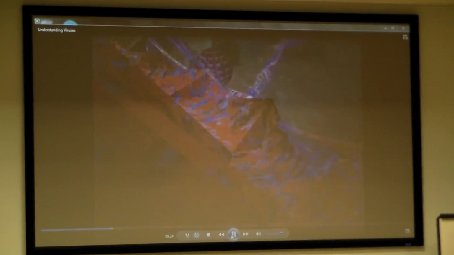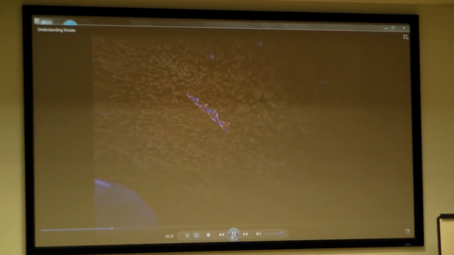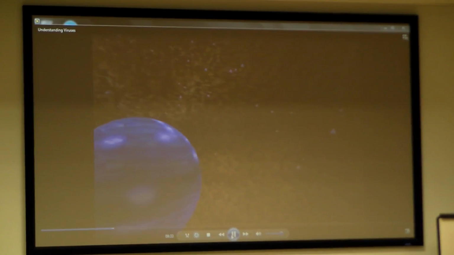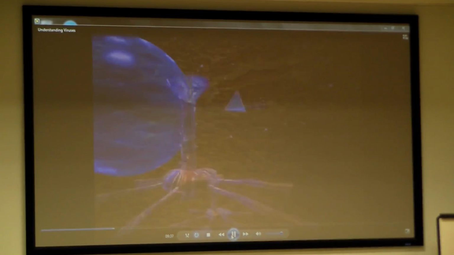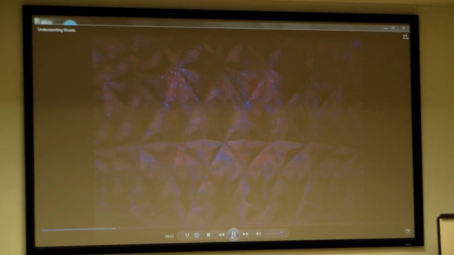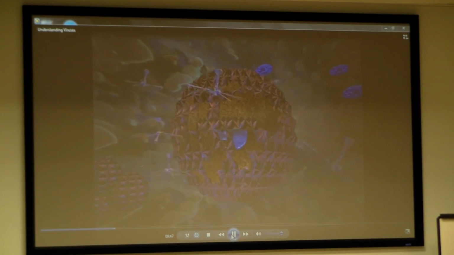It lands, hooks on, and pushes its DNA through the cell membrane. Once inside, the viral DNA hijacks the cell and forces it to make more viruses. Within minutes, the swollen cell explodes, releasing hundreds of new viruses to infect other cells.